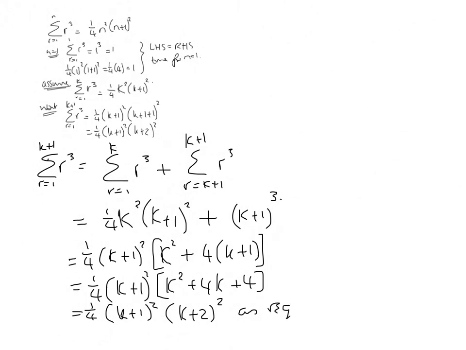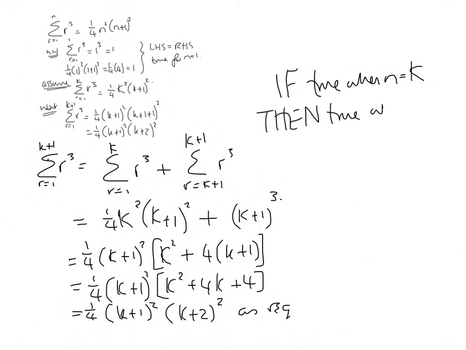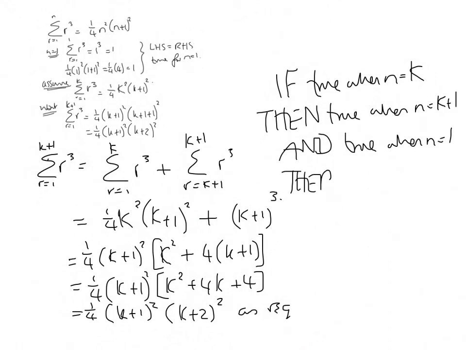That's what I wanted. So I have proved that if it is true when n is k, if I make that completely made up assumption, then it would be true when n is k plus 1. And indeed, it is true when n is 1, and therefore it must be true for all n greater than or equal to 1.